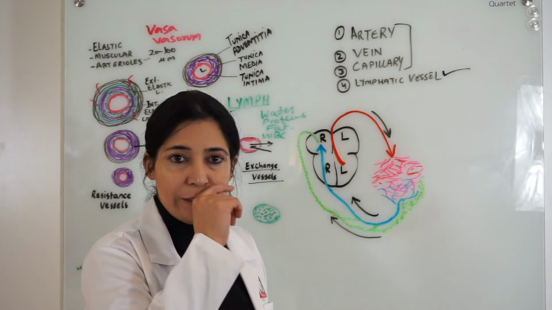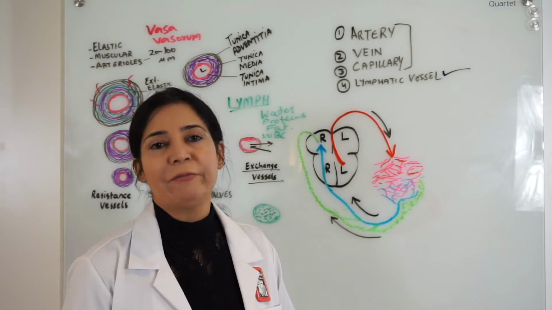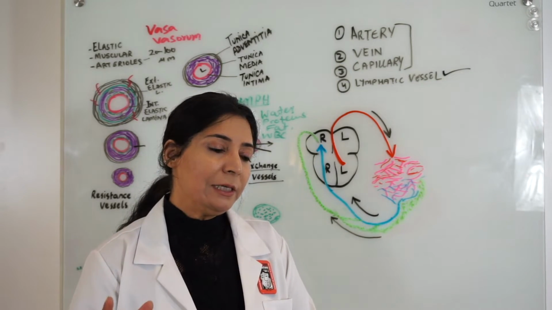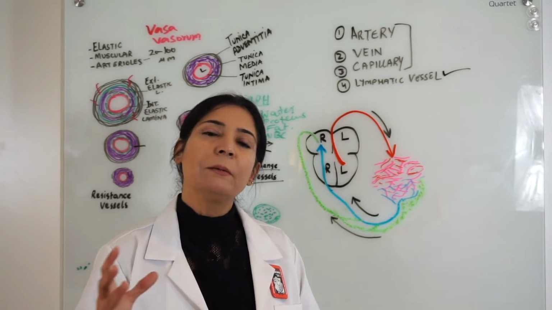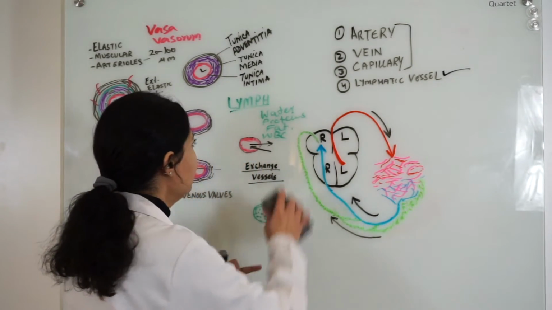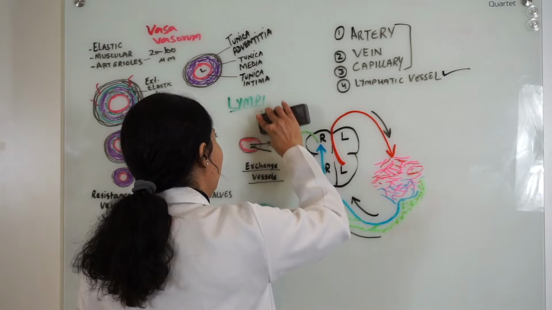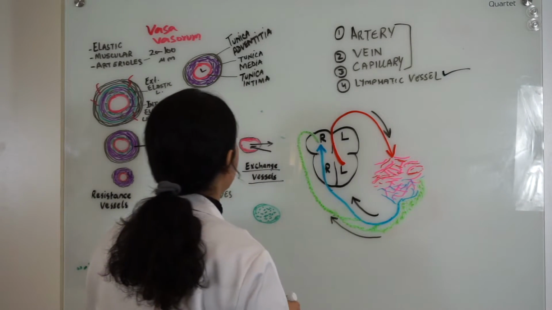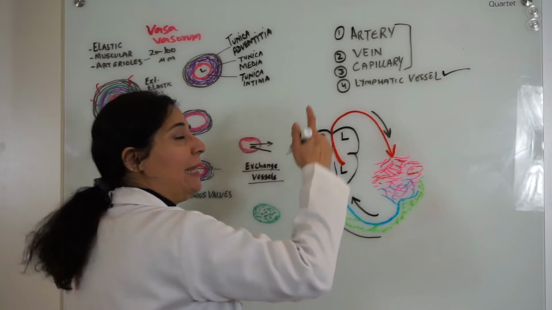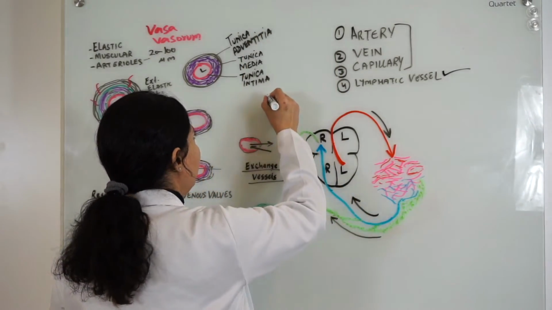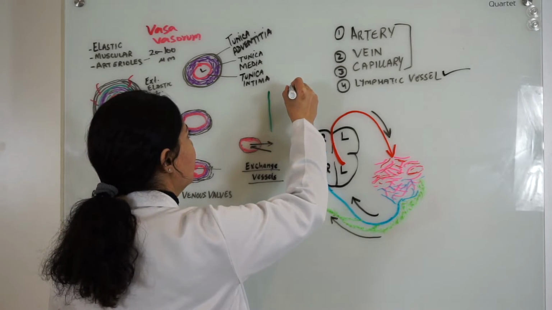Right now, what we are supposed to know is that there is one difference in the lymphatic capillaries that the capillaries of blood vessels, like the blood capillaries, do not have. So let me sketch a lymphatic capillary in front of you. If I take a longitudinal section through a lymphatic vessel or capillary, it is something like this.